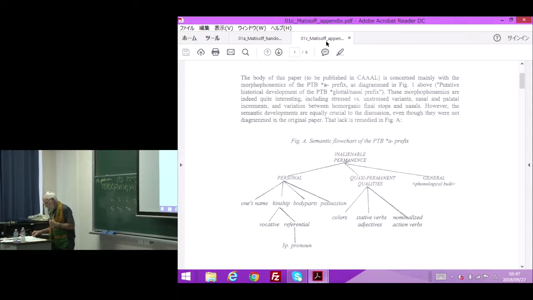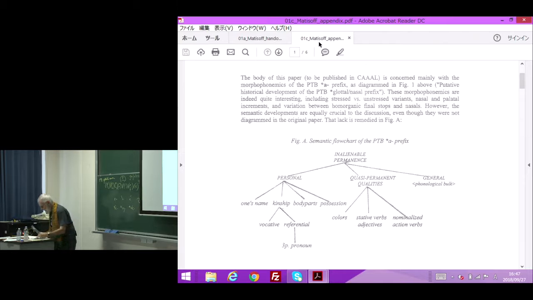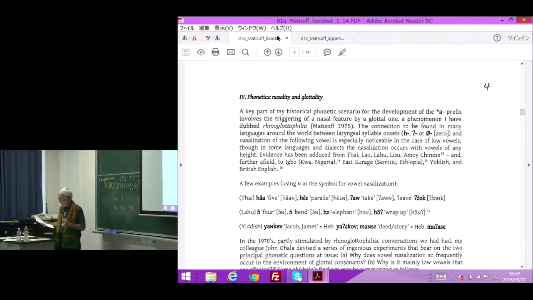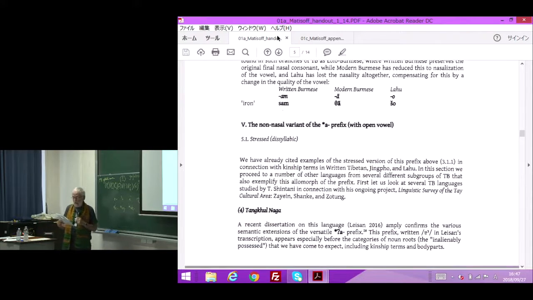Speaking of nasality, let's look at the different possibilities there are for nasal consonants in Tibeto-Burman. This is on page 5 of the bigger handout. So sometimes you get a nasal consonant plus a full vowel, as in lota.